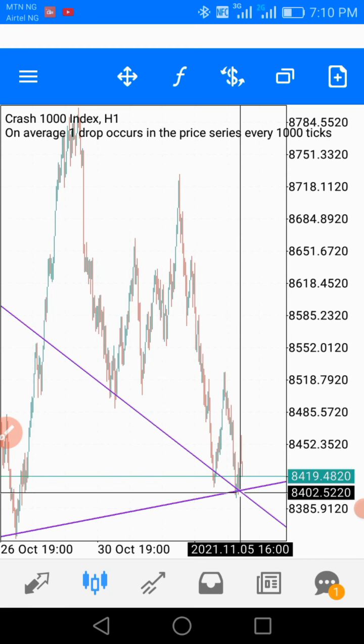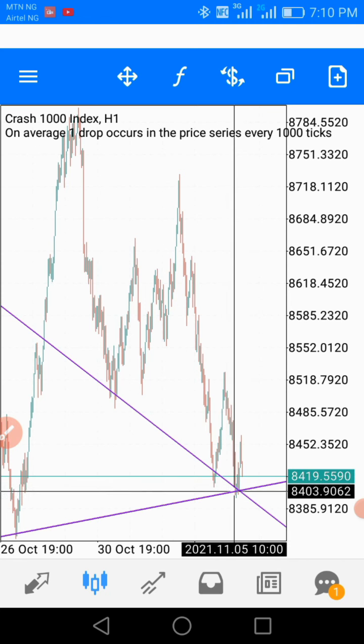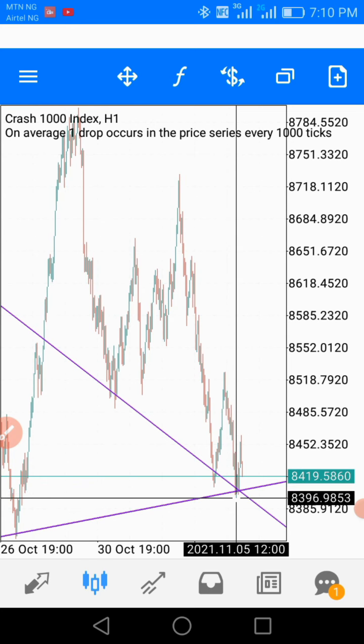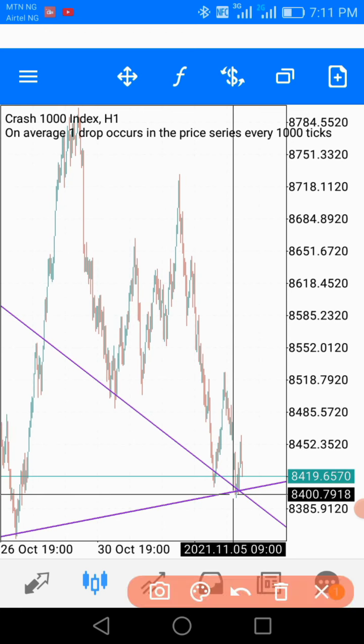Now if you look at the black calibration, you're going to see something like 8400. I know I'm using a phone. 8400. Okay, now I want you to take a look at this place.